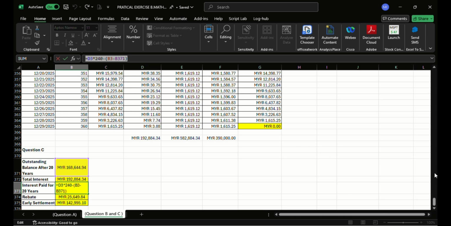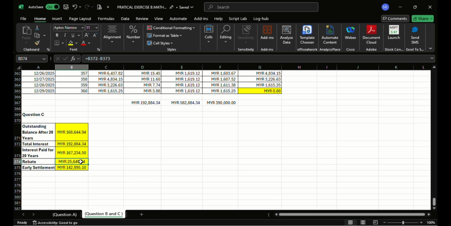Then minus the principal, then minus the first outstanding balance after 20 years. You will get the interest paid for 20 years.